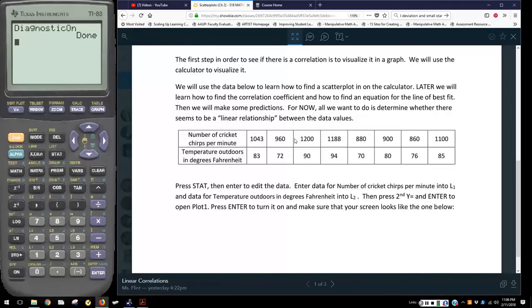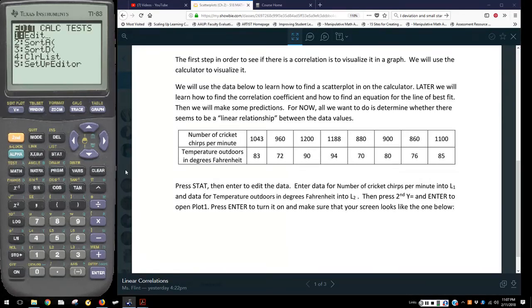The data we're going to use is data about the number of times a cricket chirps per minute and the temperature outdoors in degrees Fahrenheit. So we're going to learn how to make a scatter plot of this data. A scatter plot is a way to compare a set of data that has 2 variables to see if there's a relationship between those 2 variables.